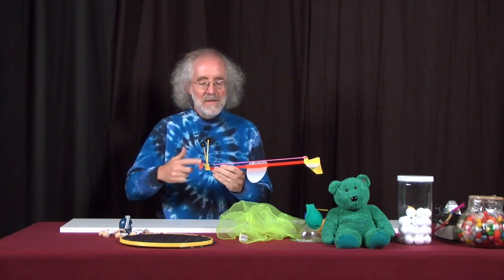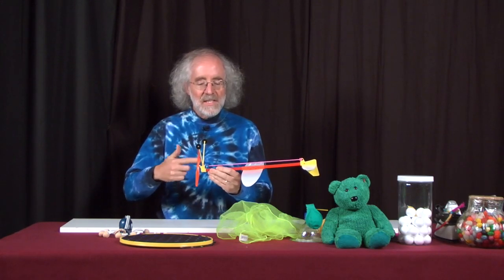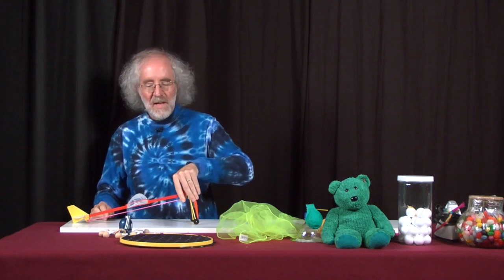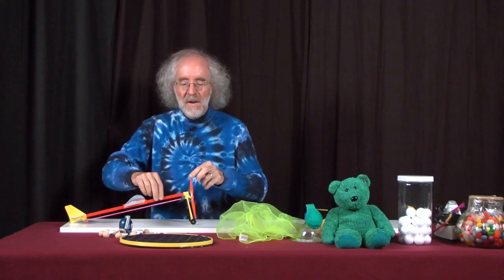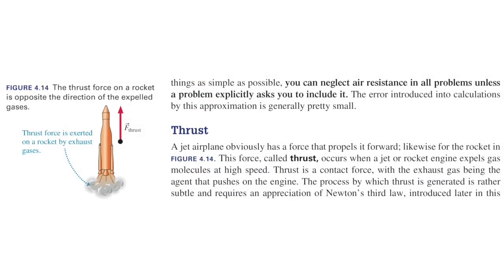And so this airplane will move forwards because there's a force on it from the air. And that's a type of force we call thrust. So if I let this go, the propeller pushes the air backwards, and so therefore the air pushes the propeller forwards. And so we get a thrust force.